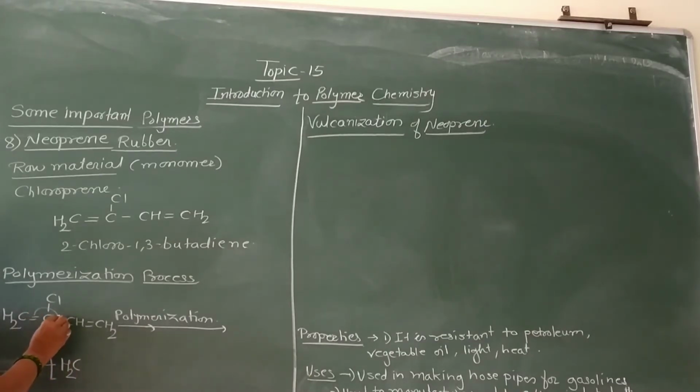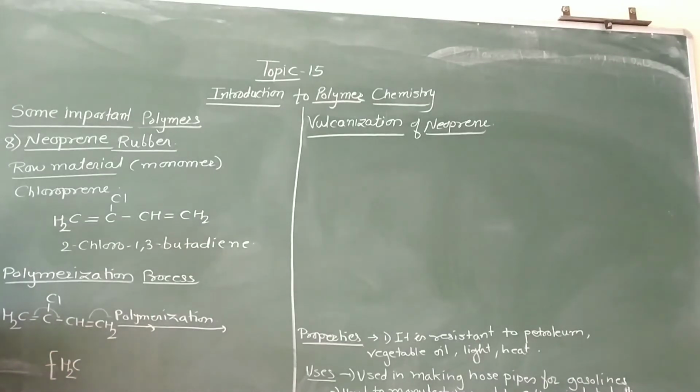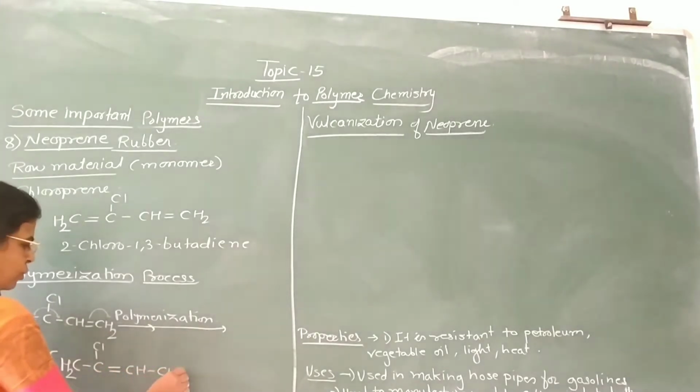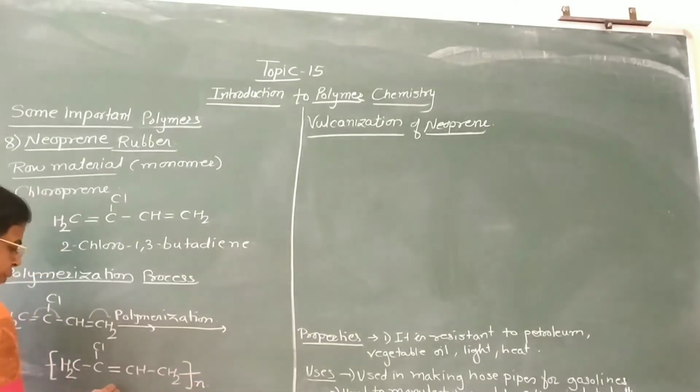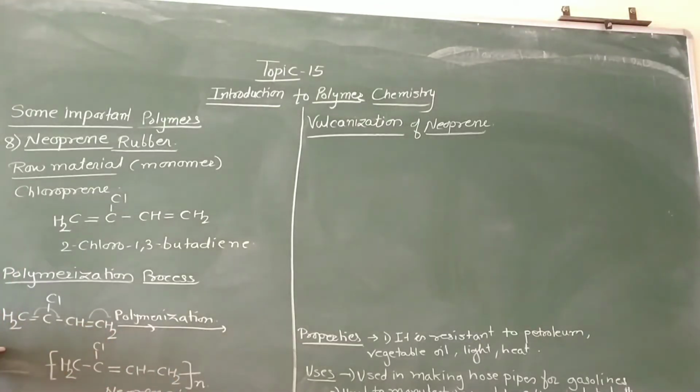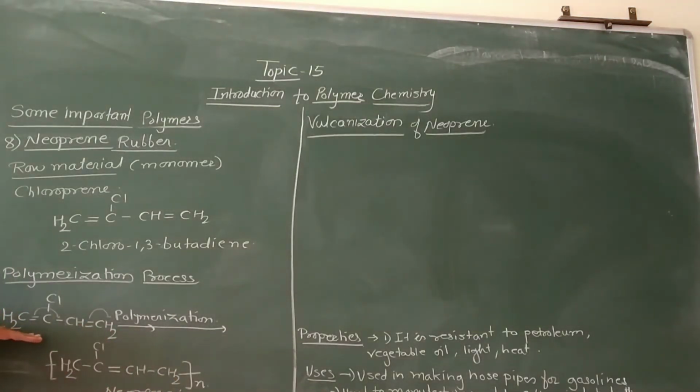Now this bond shifts here and this bond gets attached to the next unit to form CH2, C(Cl)=CH, CH2, n times. This is neoprene rubber. In this way, formation of neoprene takes place. That is, a number of chloroprene units undergo addition polymerization to give neoprene. Here, the double bond shifts in between these two carbon atoms and this double bond gets shifted in between two molecules of chloroprene to form this neoprene rubber.